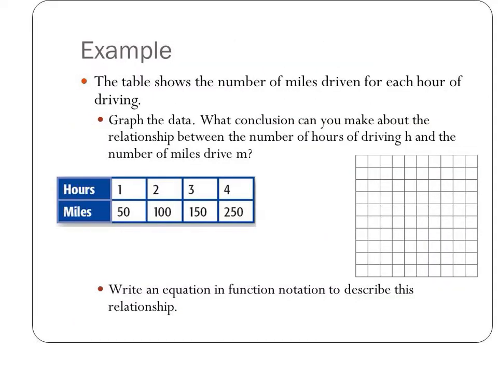Okay, so here we have hours driven and miles that we have traveled. And first of all, it says to graph the data. Okay, well, remember that we always put labels on our axes. So we're going to start down here with hours, and miles will be over here. And for hours, I think we could just count 1, 2, 3, 4, right?